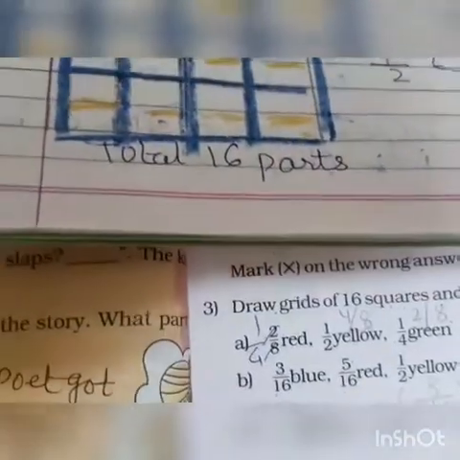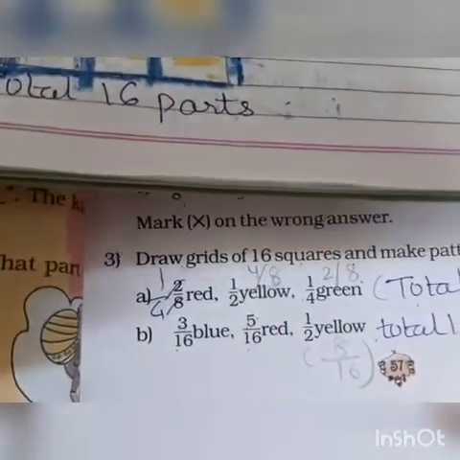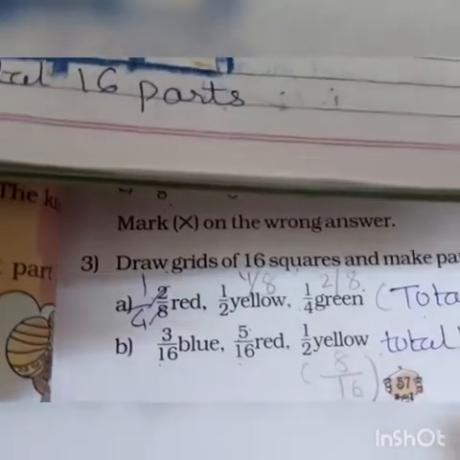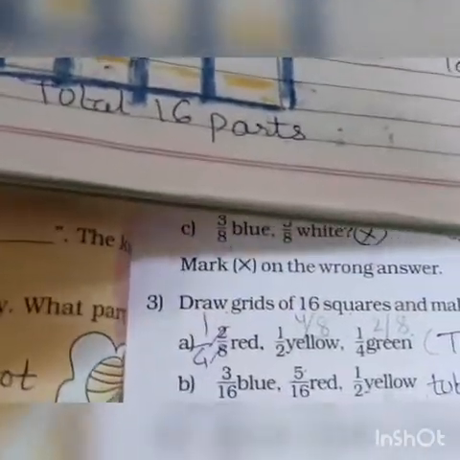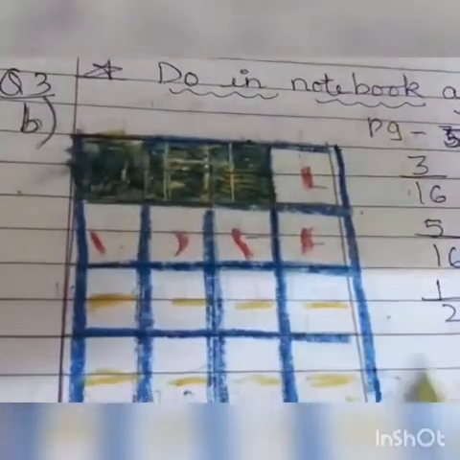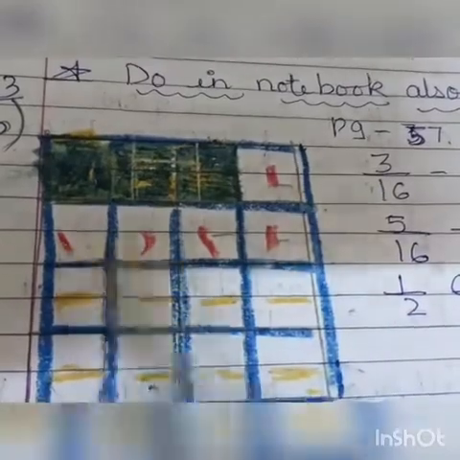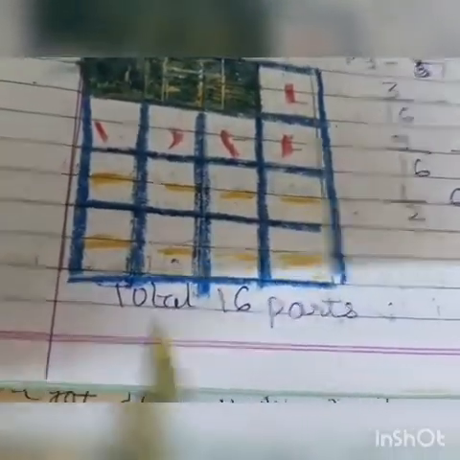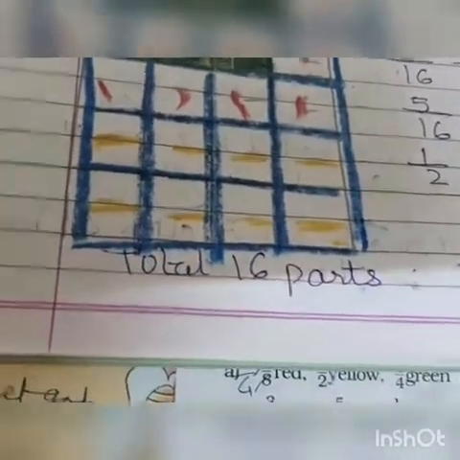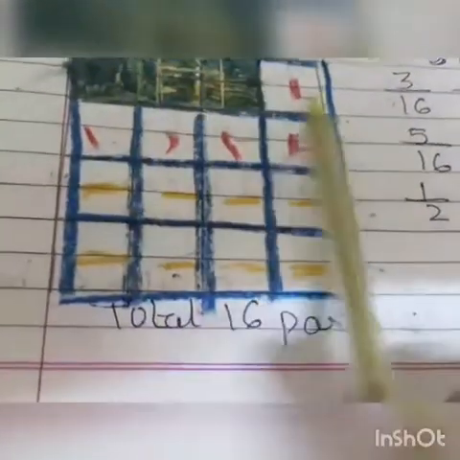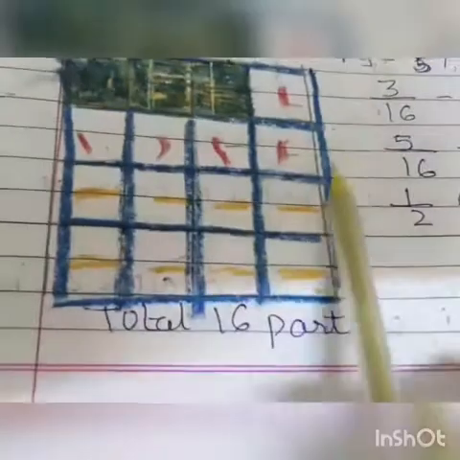Now what is given in the B is 3/16 is blue, then 5/16 is red and 1/2 is yellow. That means total parts of the square are 16. Out of the 16 squares, 3 you have to color blue, then 1 2 3 4 5 you have to color red, and remaining 8 parts you have to color yellow. 1/2 yellow, see 1 2 3 4 5 6 7 8, so 8 parts are already done.